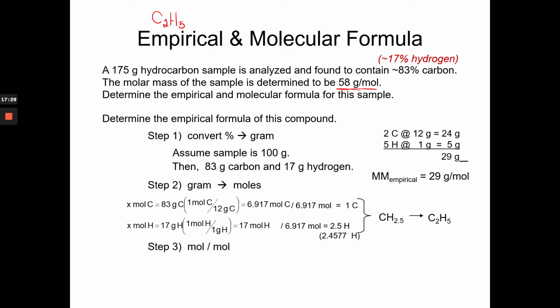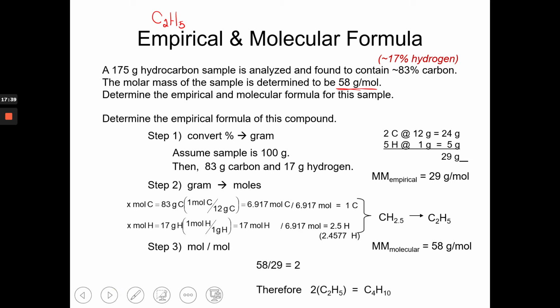I need this thing not to weigh 29, but to weigh 58. Well, I can kind of see that in my head. 58 divided by 29 is 2. So therefore, I need something twice as big as C2H5, so C4H10 is the molecular formula.